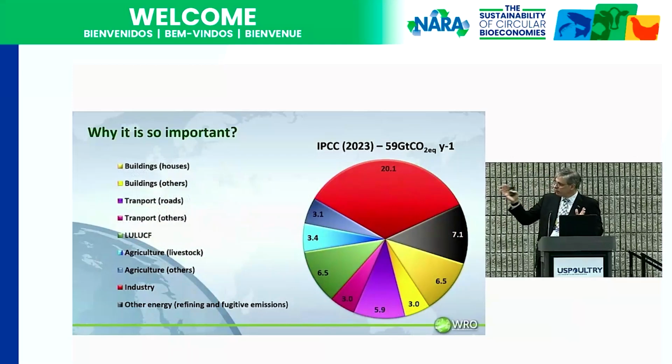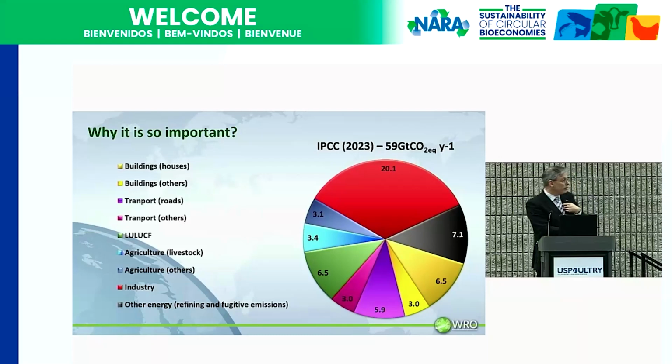This is the IPCC share of emissions. First, the major is industry. Then refining and fugitive emissions from coal and petroleum, 7.1. 6.5 is heating houses in your country, cooling down houses in our countries.